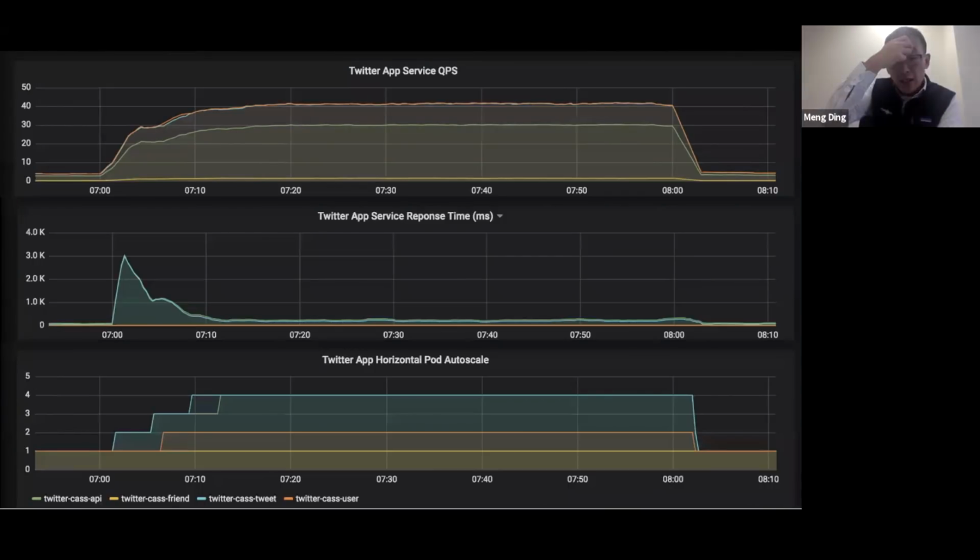So this is encouraging, as we can see that when the load stabilizes, HPA based on CPU is able to maintain an average CPU utilization across the whole cluster around the target threshold, which is 75%.